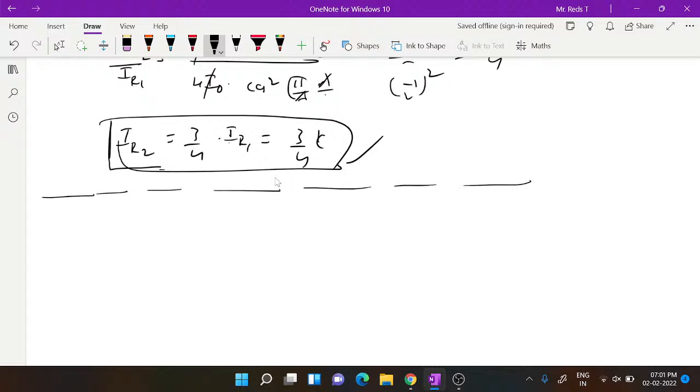Then if you see the next one, question number 2, it is given that in a Young's double slit experiment, capital D is the distance of the screen and small d the separation between the slits. The distance of the nearest point to the central maximum where the intensity is the same as that due to a single slit is equal to what?